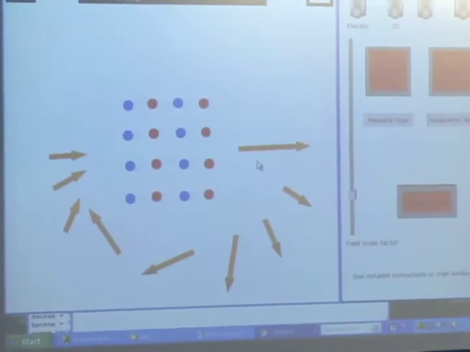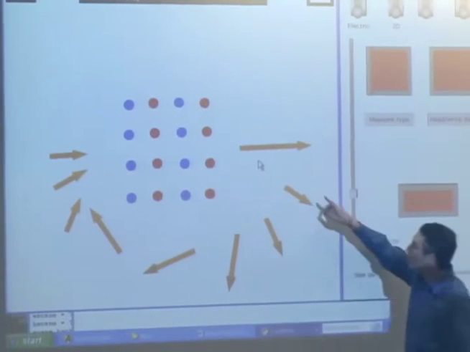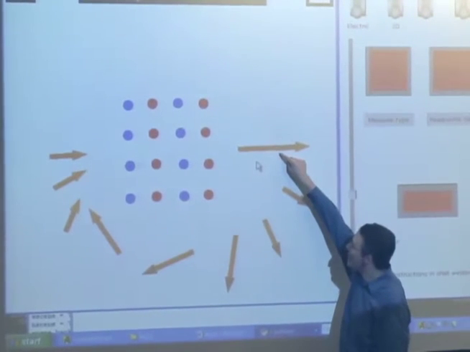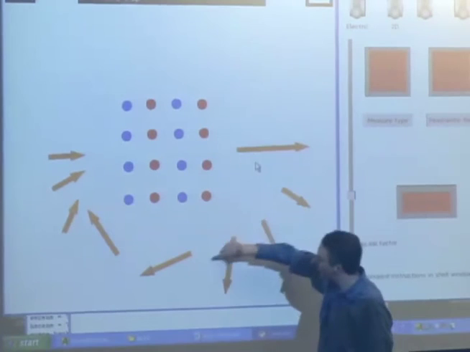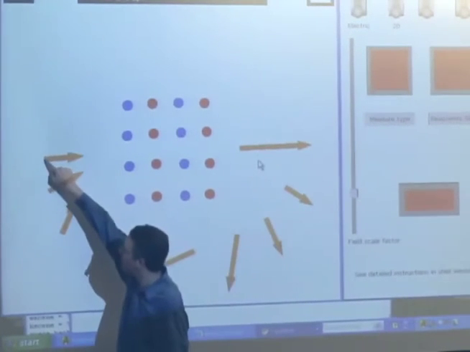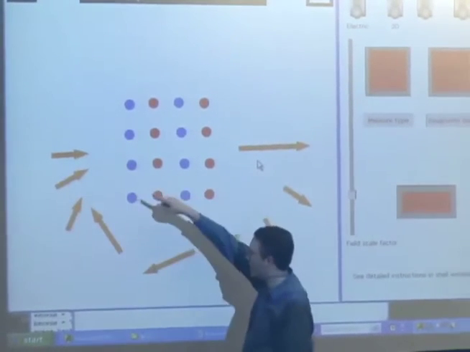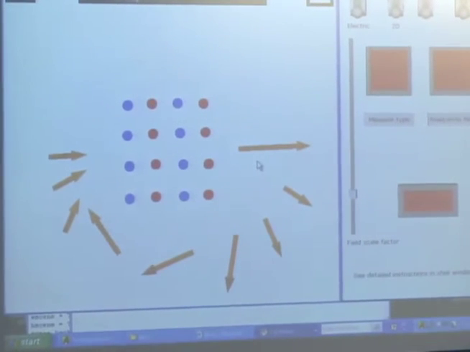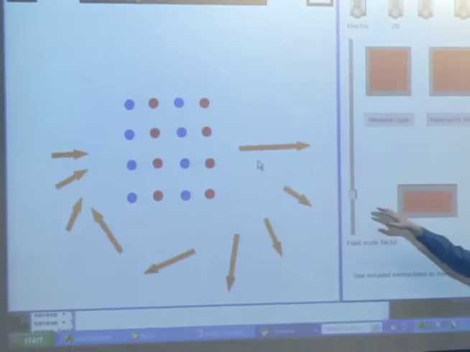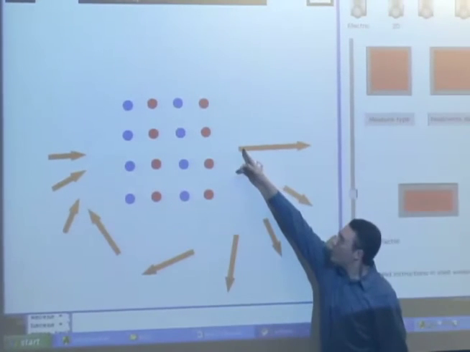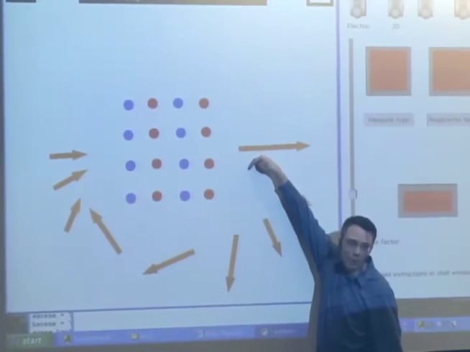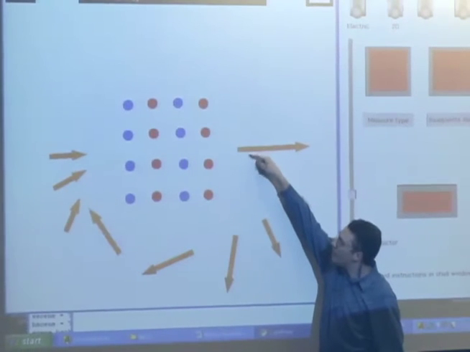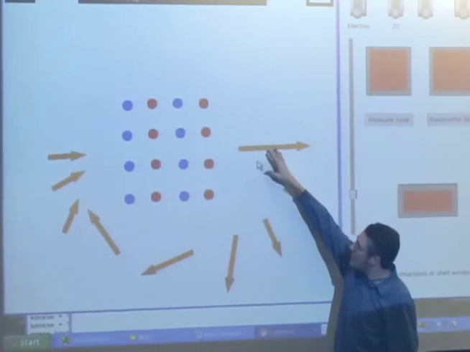I have to do it all in one sweep, so let's talk about it as we go along. I start here, I go around this semicircle over to here. Here's my starting point, that's my ending point. What sign of potential difference would you get? You start off with a path that's pointing downward, and it's kind of perpendicular to that electric field, so that should give you about 0.